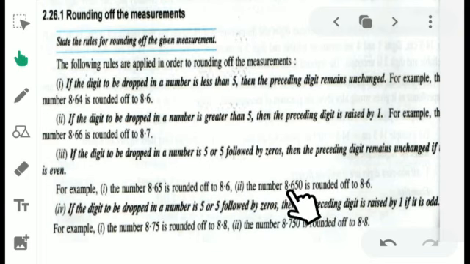Then 6 remains 6, that is 8.6. But if the preceding digit is an odd number, that is 8.75, then 7 is an odd number, so when you round off this number it becomes 8.8. The same way, after 5, 0 is here, but the preceding digit is an odd number, so here also it is rounded to 8.8.